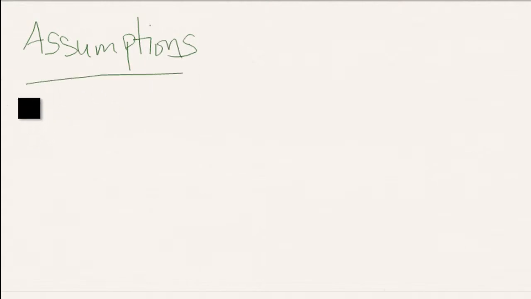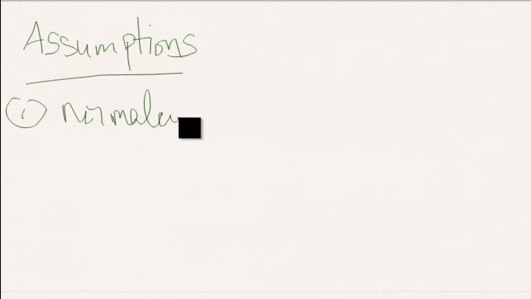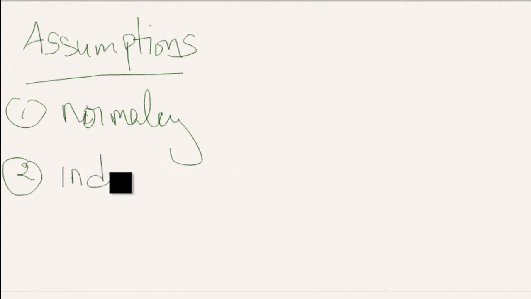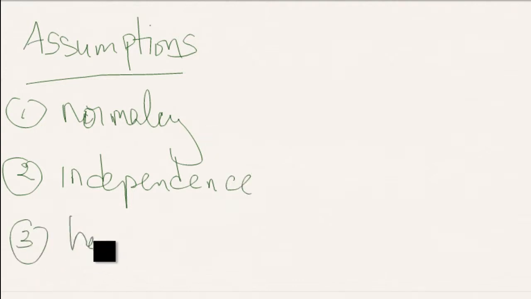So we've got three, and the first is called normalcy, also known as a normal distribution. The second one is called independence. And the third one is called homogeneity.